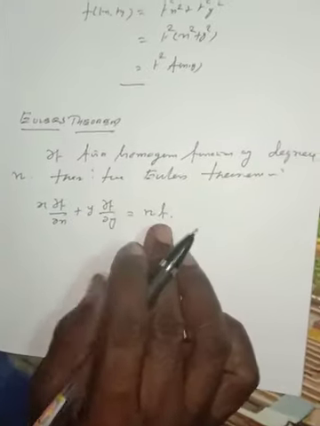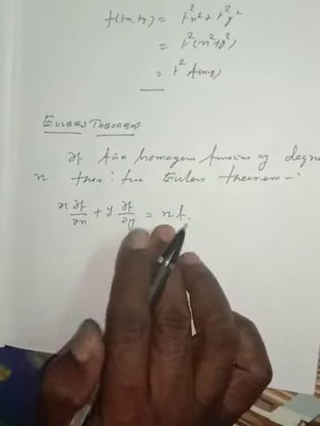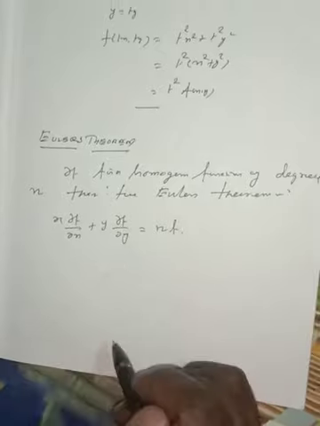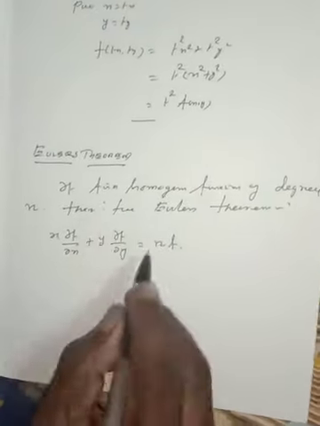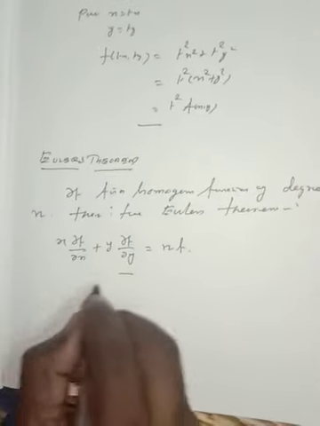Here f is the function, and n is the degree of the given homogeneous function. X dou f by dou x plus y dou f by dou y equal to n f is Euler's theorem. Okay.